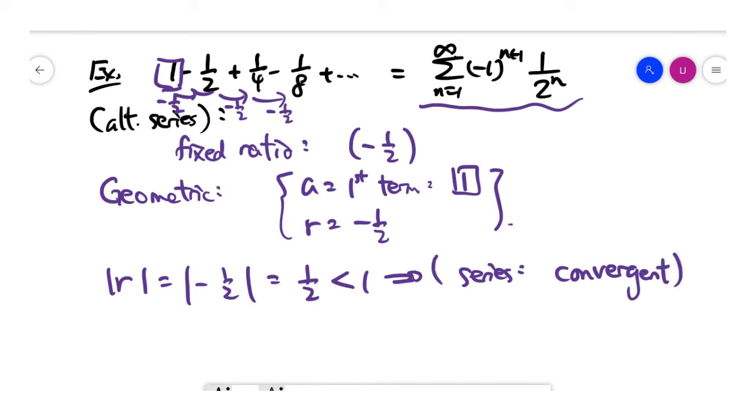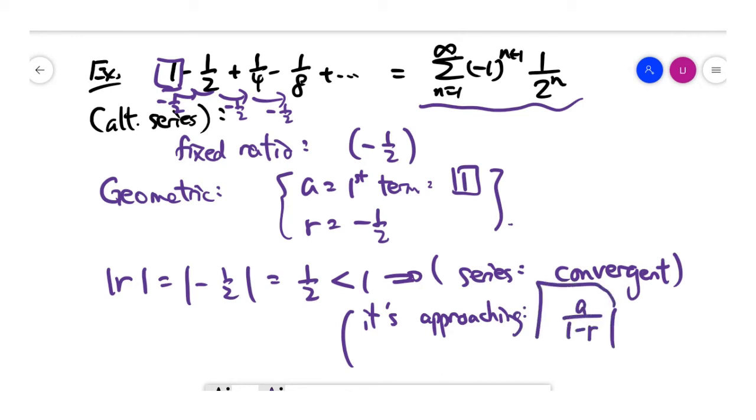And more than that, a geometric series is actually the best when it is a convergent series, because we understand that the value it is approaching is determined by the formula a over 1 minus r. And in the current case, it's the same as 1 over 1 minus open bracket minus 1 over 2 close bracket. So this answer is actually the same as 2 over 3, right?